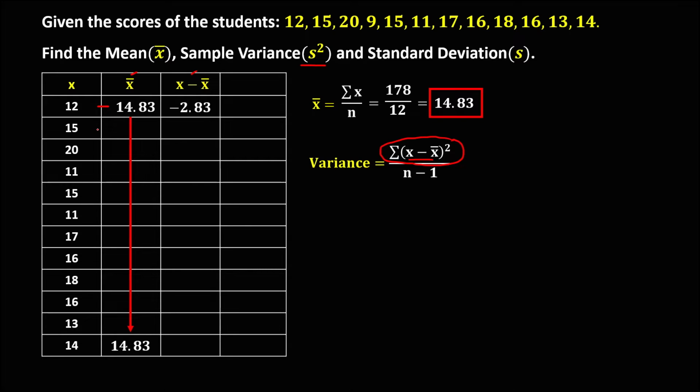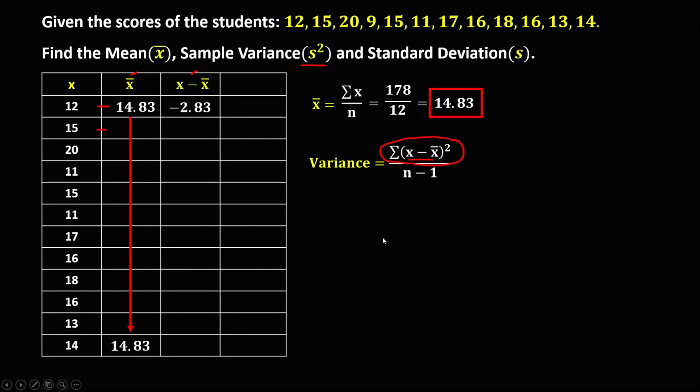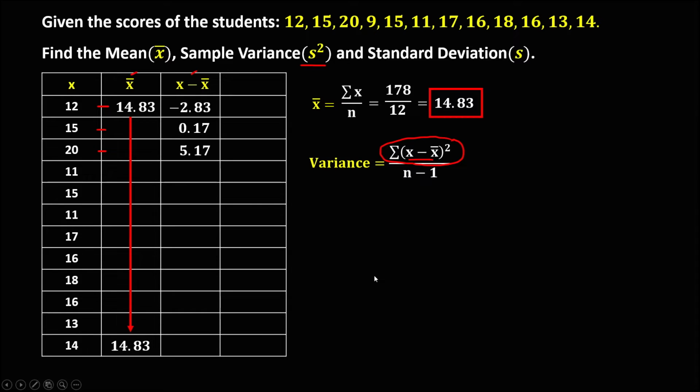Then for this 15 minus 14.83 equals 0.17. Then 20 minus 14.83 equals 5.17.